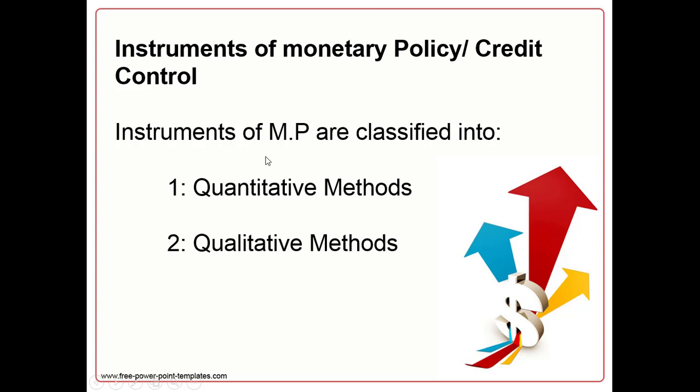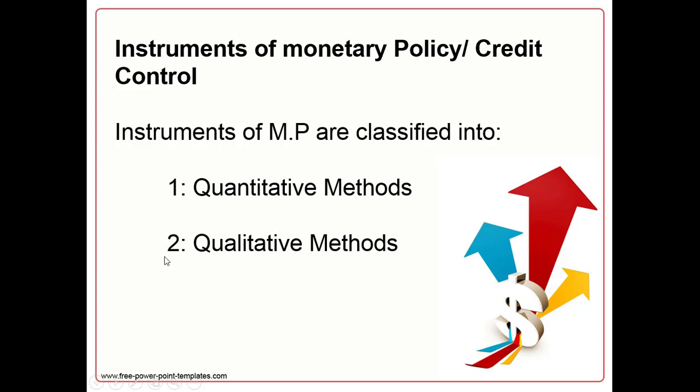So what instruments does the State Bank have to control credit in the country? State Bank has two instruments. One is quantitative and the second is qualitative. Credit control methods are classified into two. The first methods which State Bank uses to decrease or increase credit are called quantitative methods.